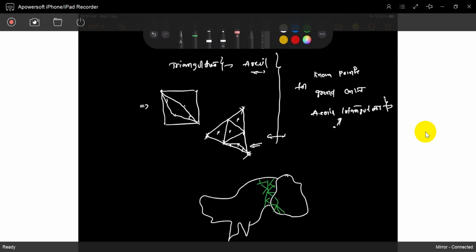That is very suitable and accurate to find out the unknown points. That's why they divide every part into triangles: face, mask, everything. For one dimension you can take one point, for two dimensions you can take a rectangle. But a rectangle is not good, it can easily deviate.